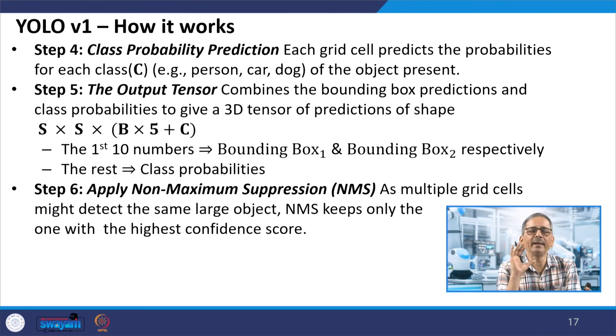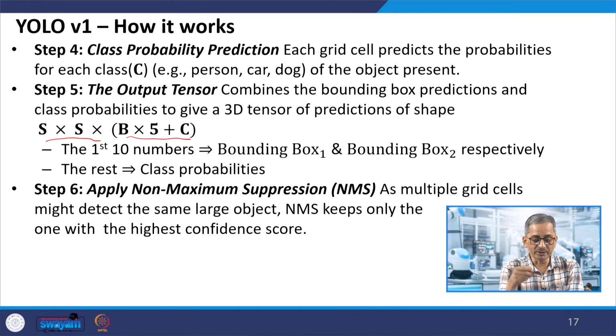Then the output tensor, the fifth step, what we get here is S × S × (B × 5 + C). So that is what we get at the output tensor.